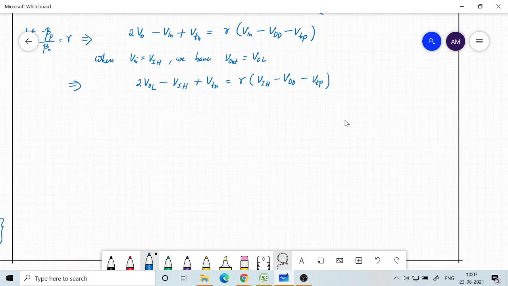Okay, so now we can rearrange this and find the expression for VIH.